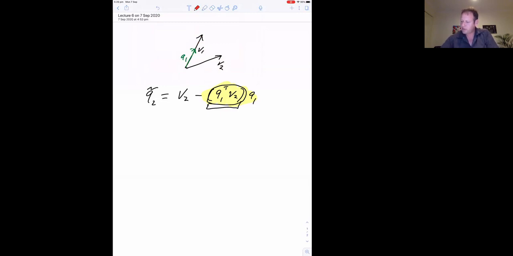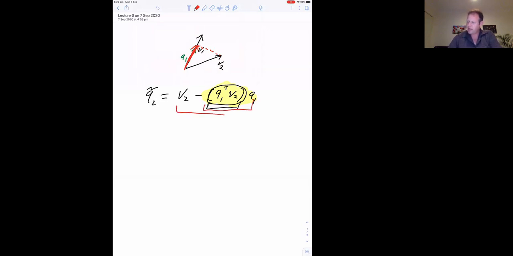It's exactly this multiple: it's the projection of v2 onto q1. So what we've done is removed from v2 this red component.